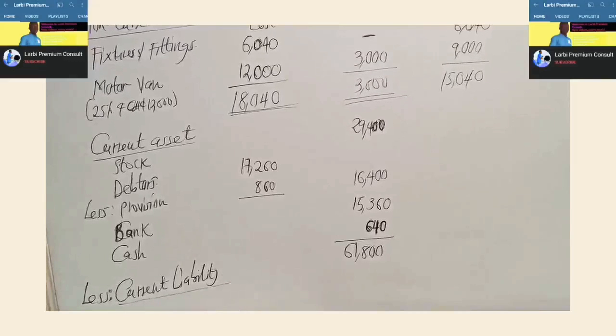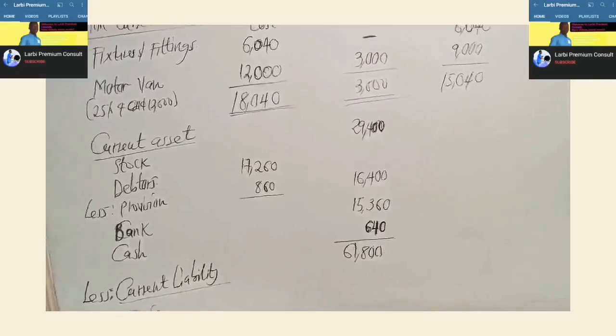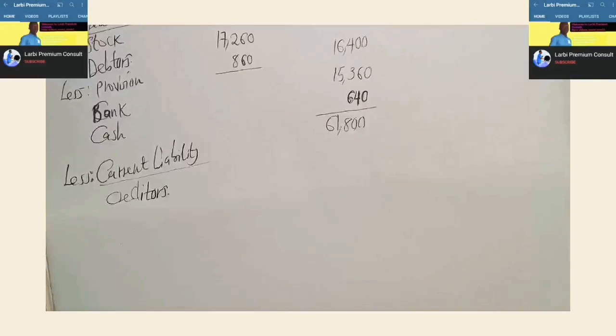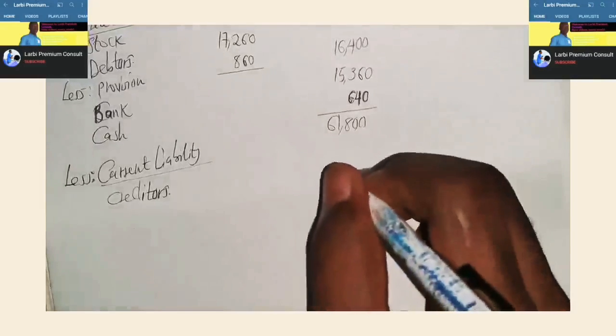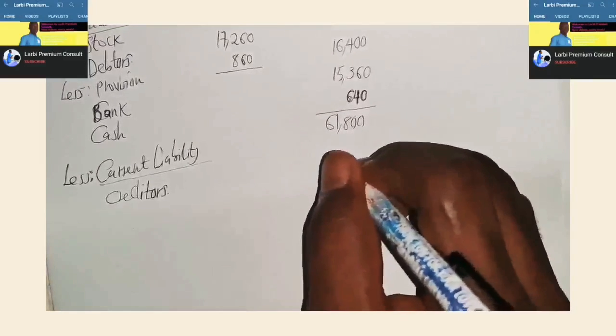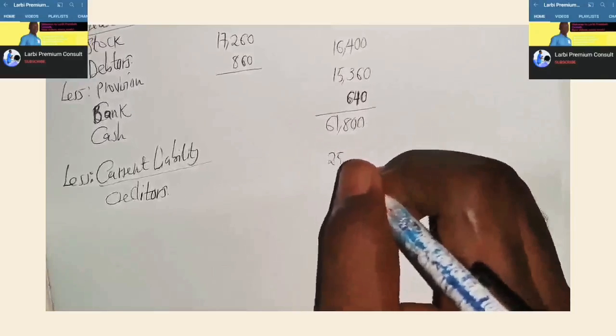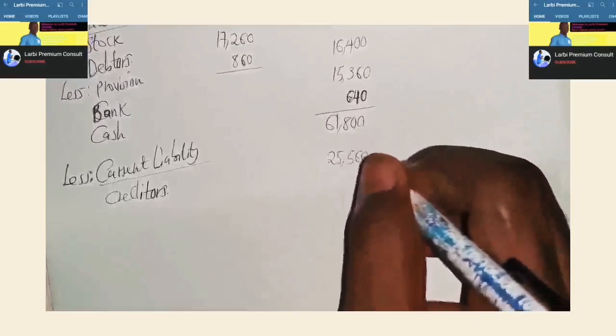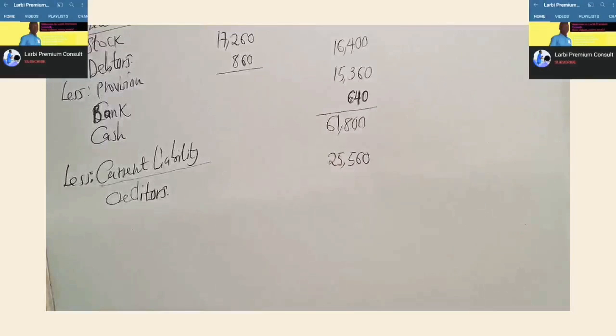The current liability in this case was just the creditors. So you record your creditors, and we're having a creditors balance as at the end of the year of 25,560, right? That was what we were having at the end.